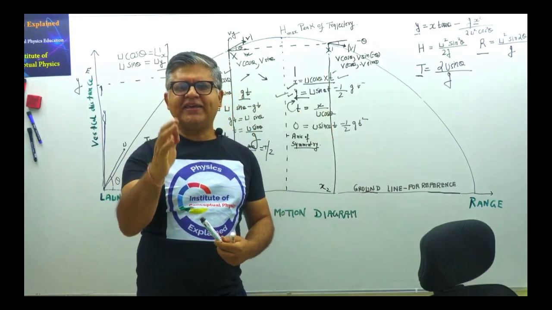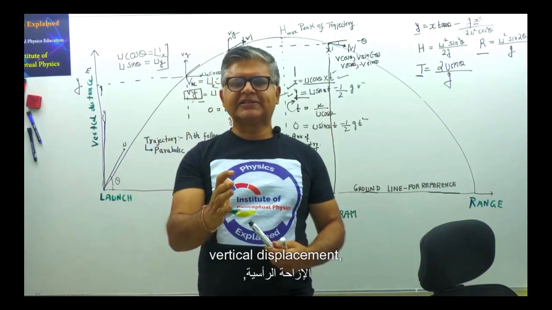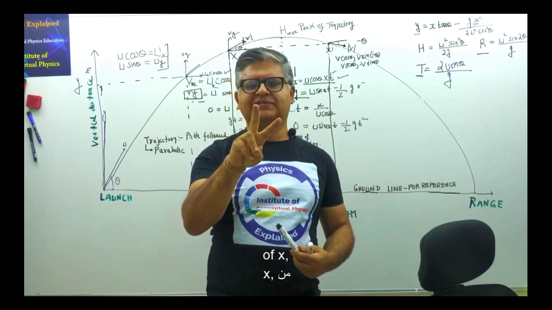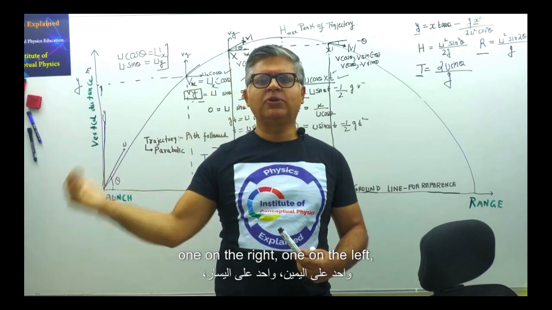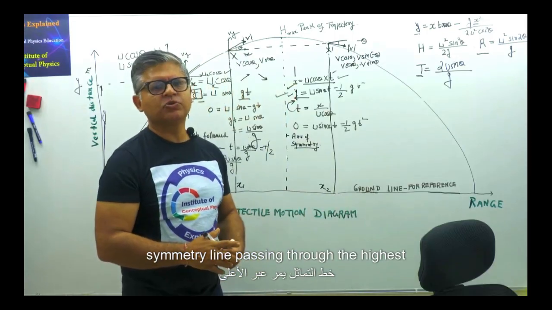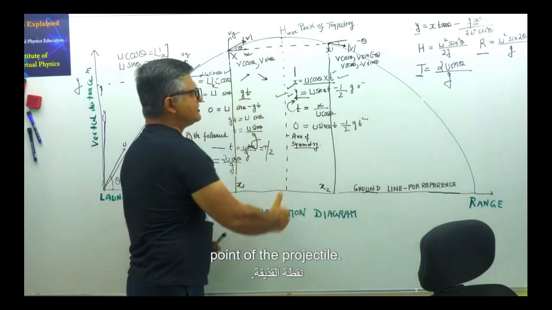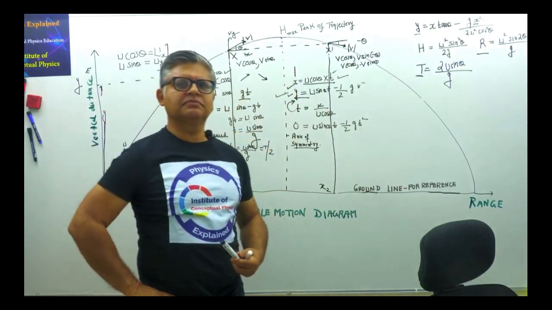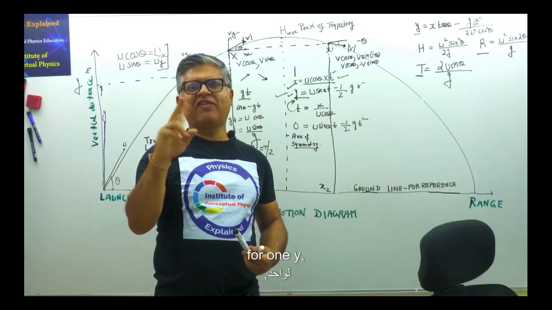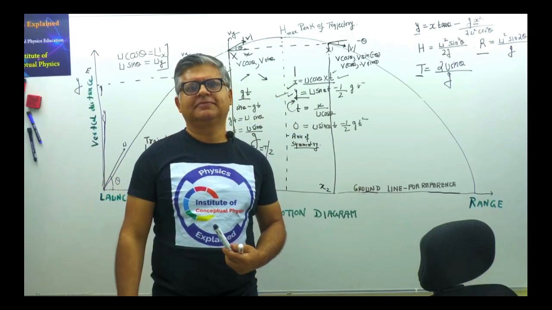For a given y vertical displacement, 2 values of x, one on the right, one on the left, about the symmetry line passing through the highest point of the projectile. Quadratic. For one y, 2x.